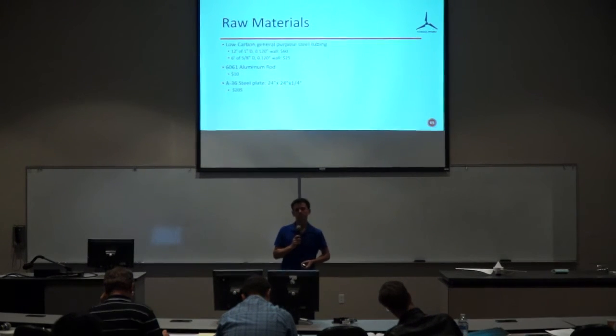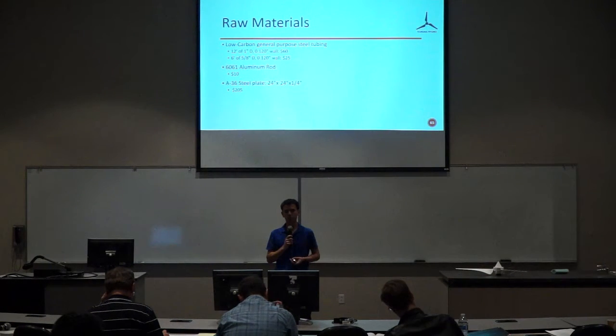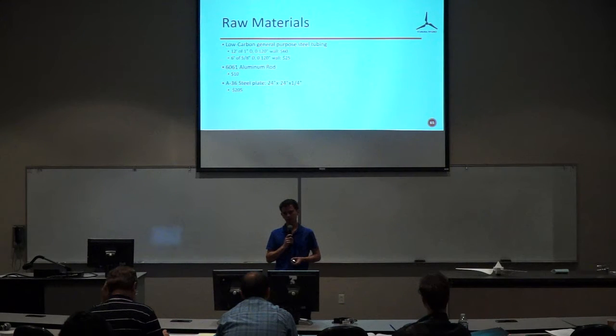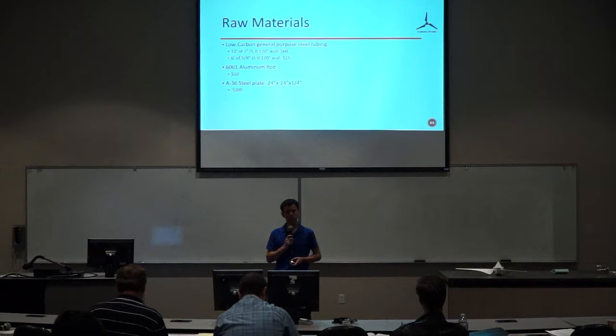For the shaft, for the hub, we will be using 6061 aluminum that we will have machined to accommodate our unique geometry. And for our plates in the structure, we will use A36 steel. We will buy 1 large plate that costs $205, and that will be cut so we can get the 2 plates that we need out of it.